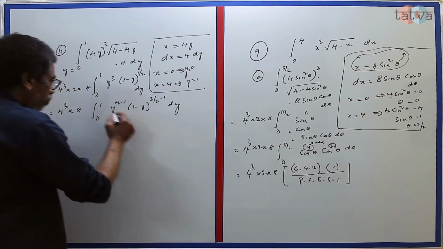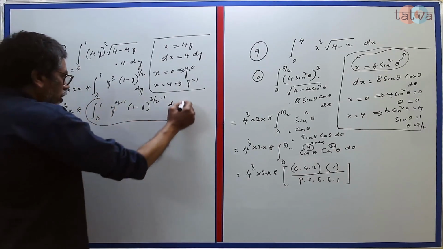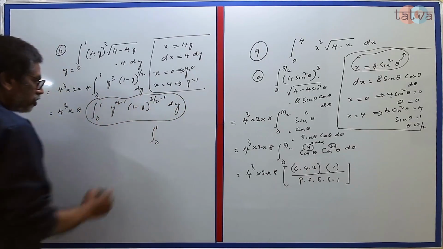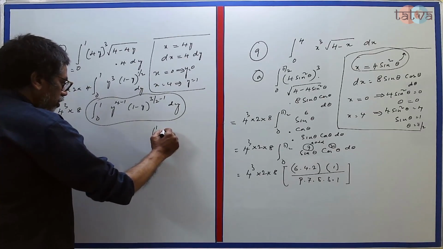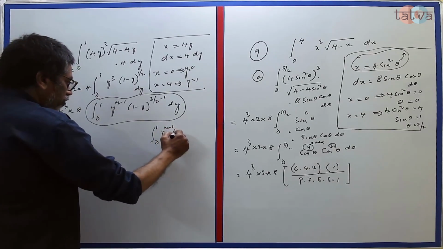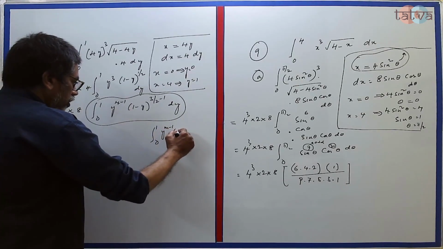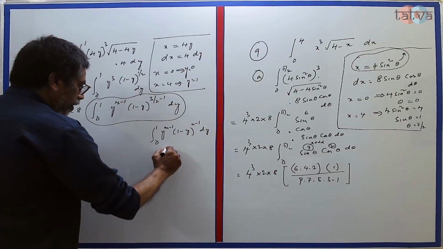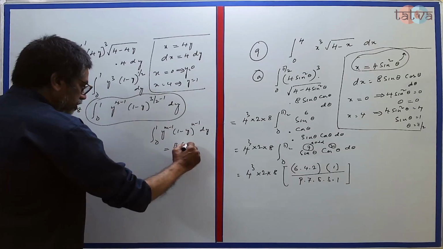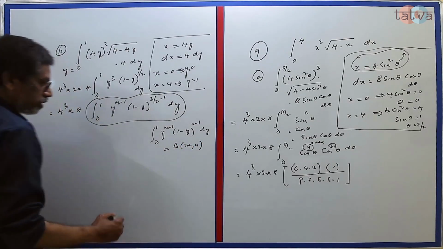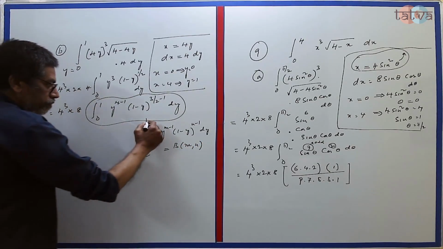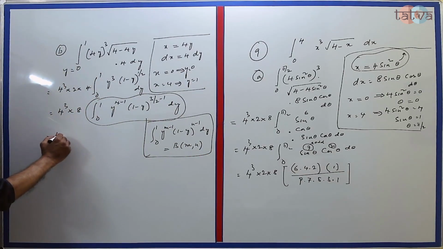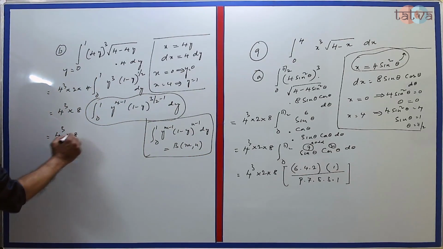And this is where I want you to recall a very important rule that was discussed. 0 to 1, y power m minus 1 into 1 minus y power n minus 1 dy can be symbolically written as a beta function with parameters m and n. So this would be 4 cubed times 8.